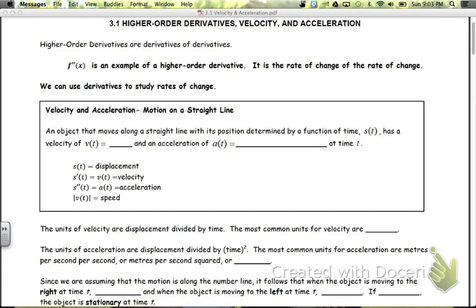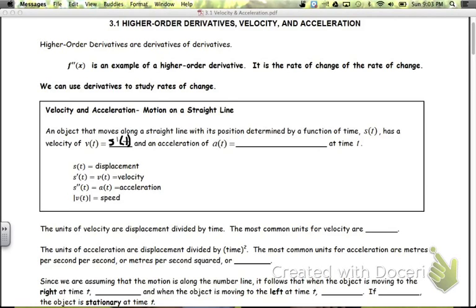So looking at velocity and acceleration as motion on a straight line. An object that moves along a straight line with its position determined by a function of time s of t has a velocity of v of t, which is just equal to our s prime of t, so the derivative of s of t.